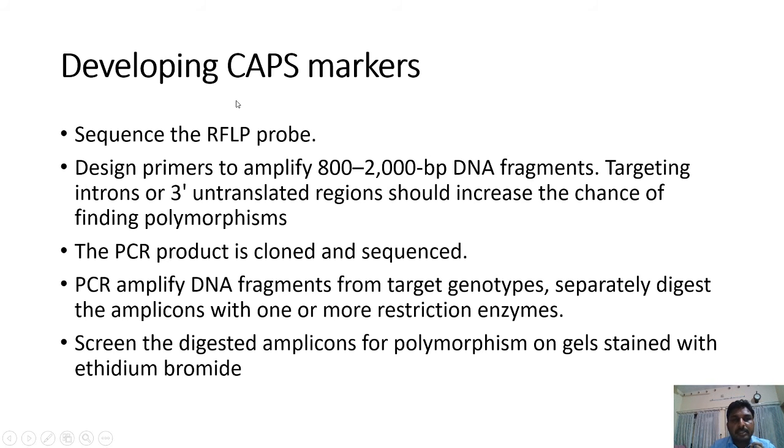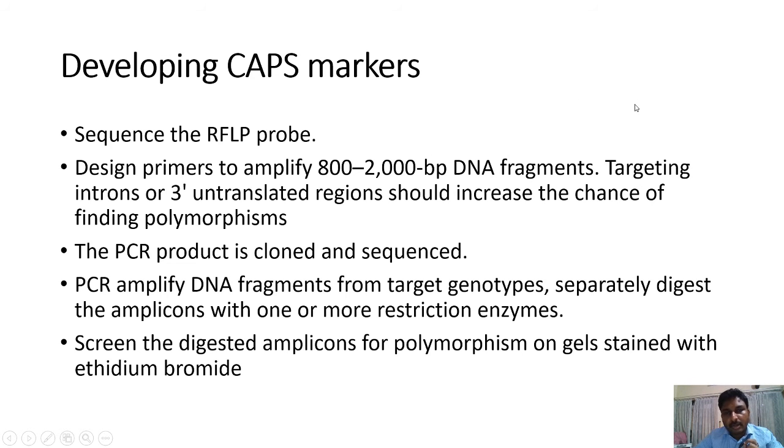The strategies to develop CAPS markers. The first one shows the sequence of the RFLP probe. Here, after RFLP you will get fragmented DNA of a particular genome. Those DNA fragments need to be introduced into a vector, and then the vectors need to be transformed or introduced into bacterial cells.